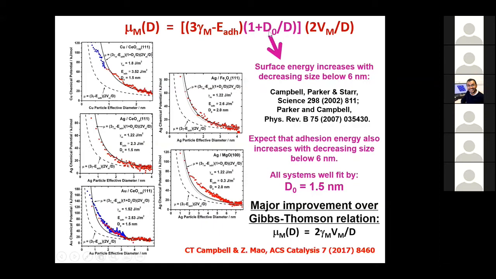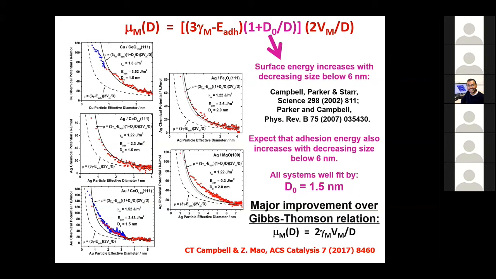notice what this does. If you have a diameter of 1.5 and this is 1.5, you've doubled at that diameter the effective value of this pair of constants. And we already had known and had even published science papers about the fact that this term increases dramatically with decreasing particle size in this size range. And the reason is that when you have a giant particle of a transition metal, for example, if it's a face-centered cubic metal, it's mostly 1-1-1 planes on the surface of a giant particle.